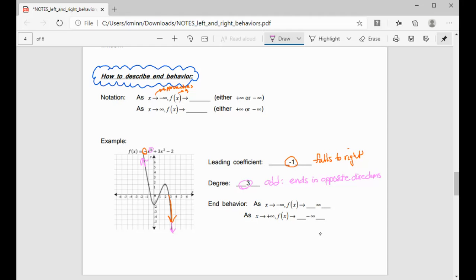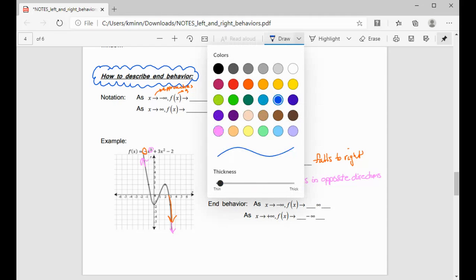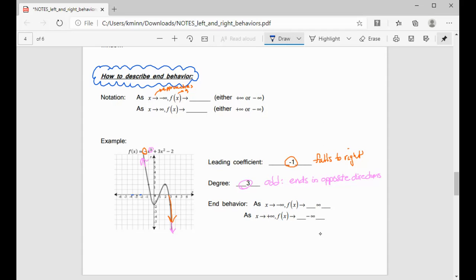Well, as x approaches negative infinity, as x gets really, really small, what's happening to our function? That pink line, it's going up to positive infinity. As x goes to the right to positive infinity, it's going down towards negative infinity.